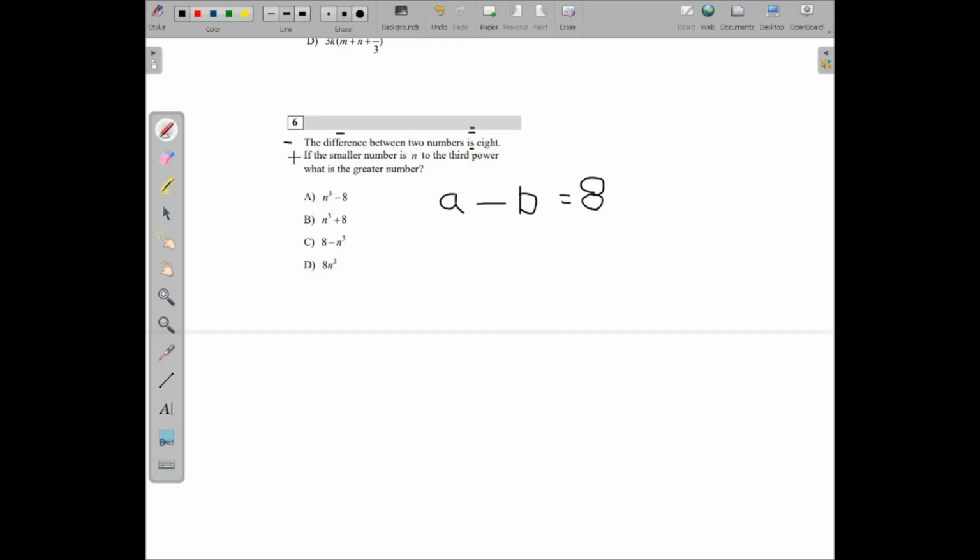Now for the other part, this tells us that the smaller number is n to the third power. And we have to find the greater number.